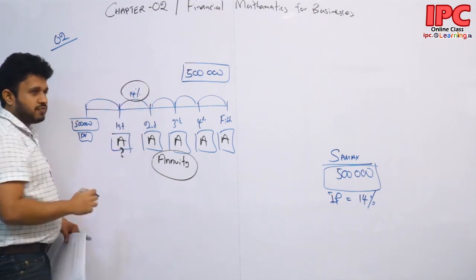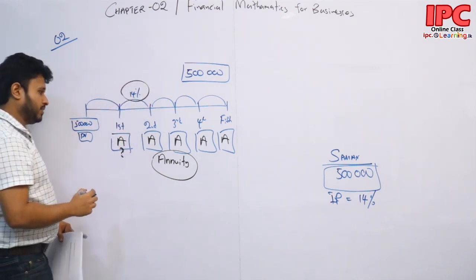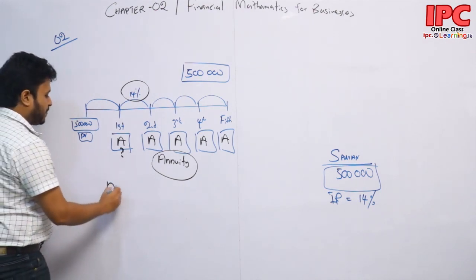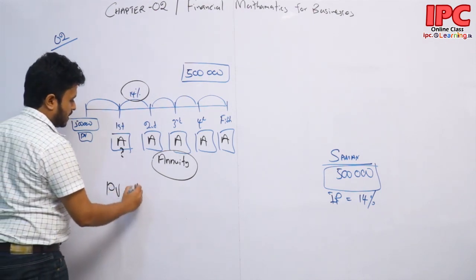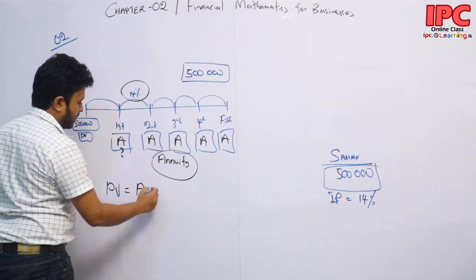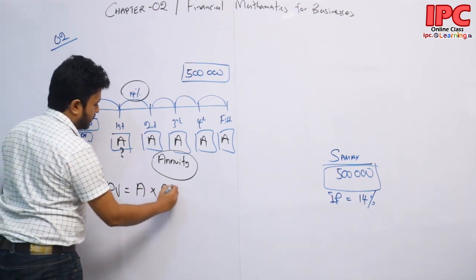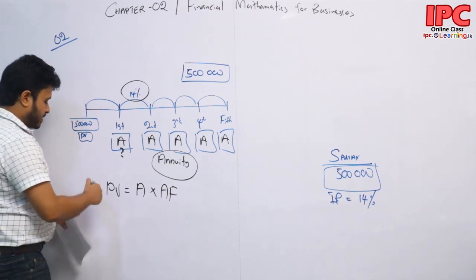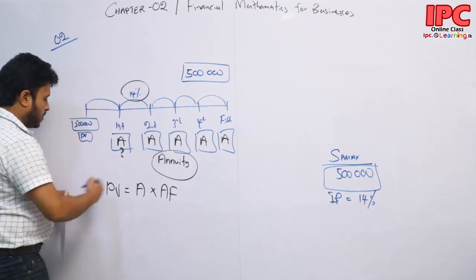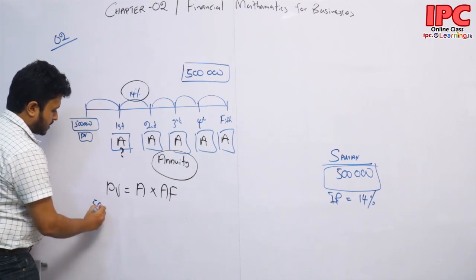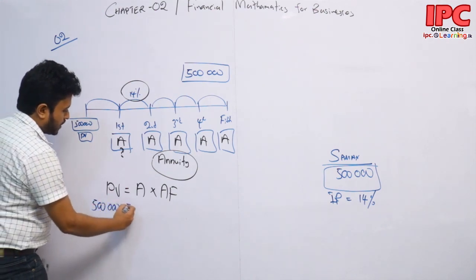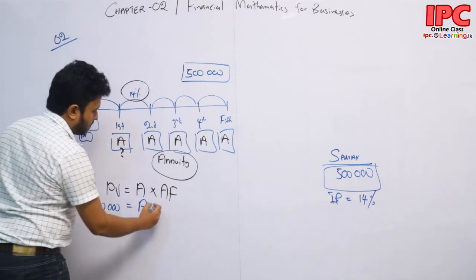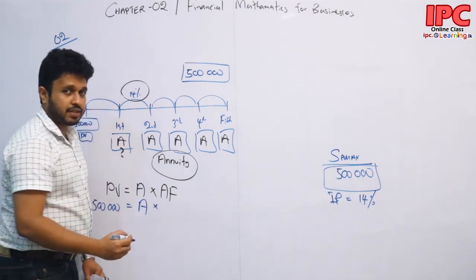The annual interest rate is 14%, compounded annually. So the present value is equal to the annuity multiplied by the annuity factor. The present value is now 500,000, equal to the annuity, which we don't know, but we can find the annuity factor.